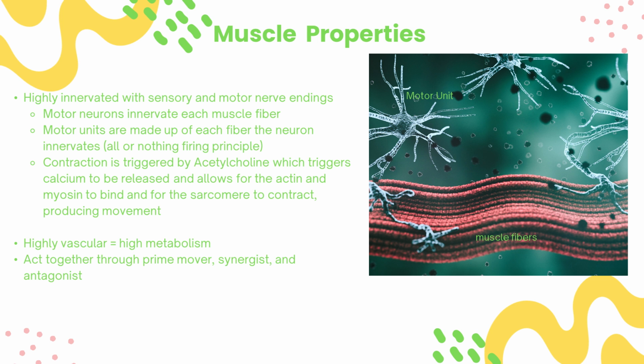And the calcium helps to move some of those fibers that are wrapped along that sarcomere, and it opens up so that the actin and the myosin can bind and contract. So if that acetylcholine is not released, the calcium does not get released as well, which will help to open up that sarcomere and allow that actin and myosin to bind. The actin and myosin bind by creating a cross bridge. So they grab and they pull, okay?